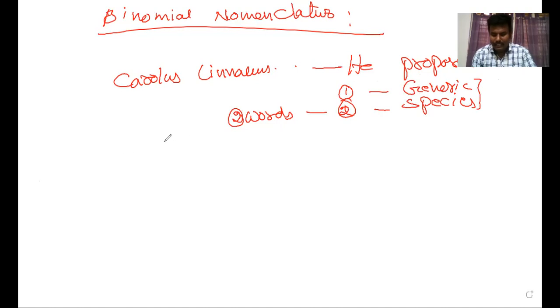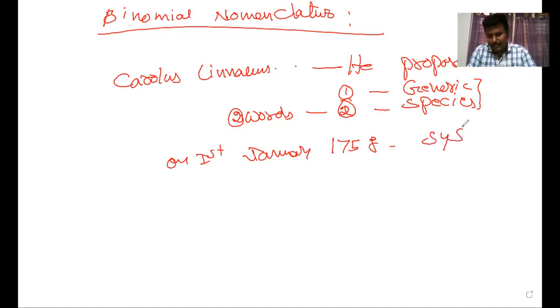Generally, binomial nomenclature was first published by Carolus Linnaeus on 1st January 1758 in his book Systema Naturae.